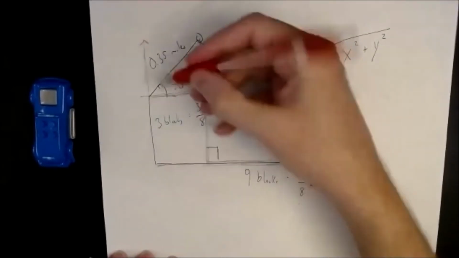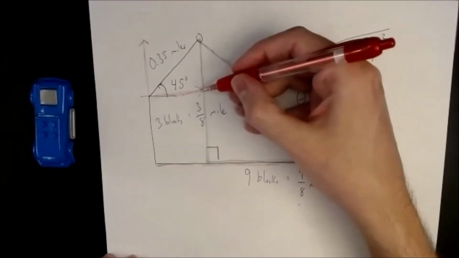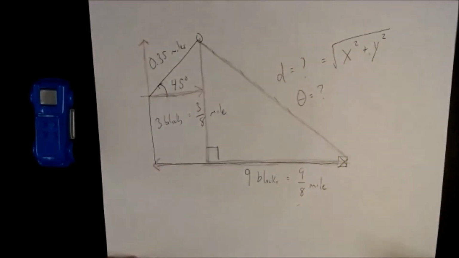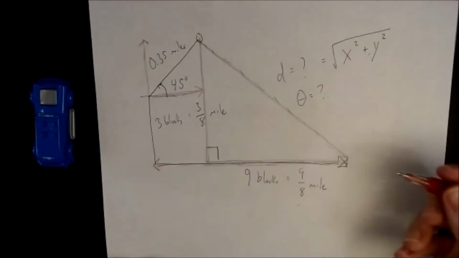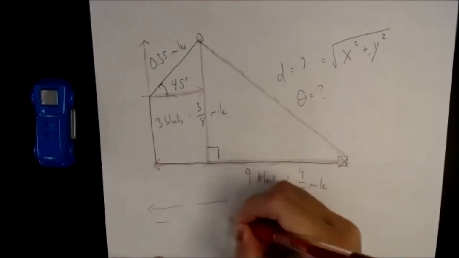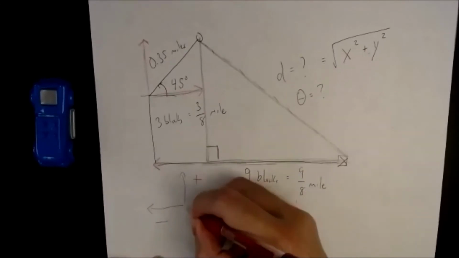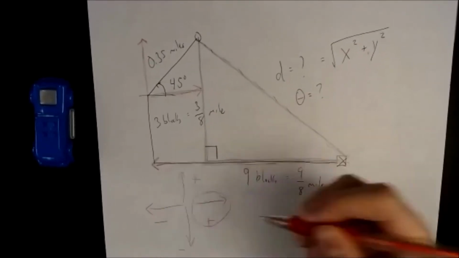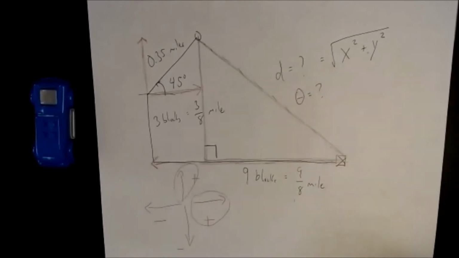One of them up like that, one of them east like that, but this component was west. So I go this far in the negative direction. Usually we call that way negative, that way positive, that way positive, that way negative. So east is positive, north is positive.